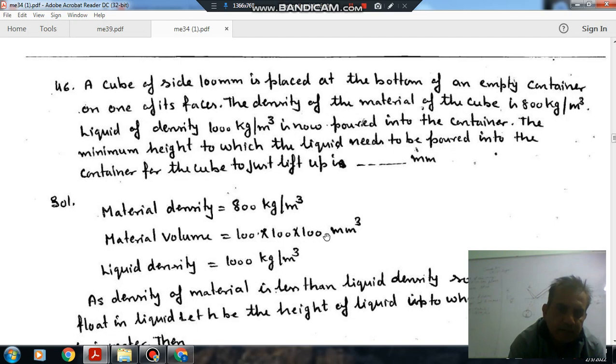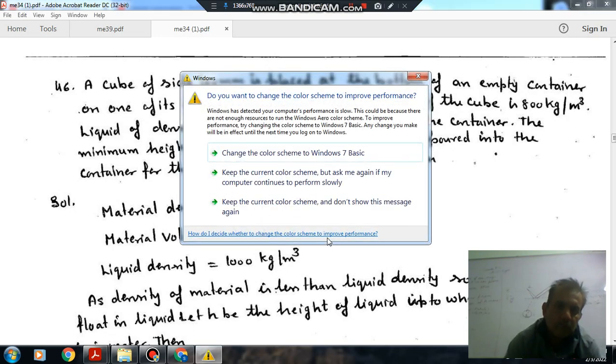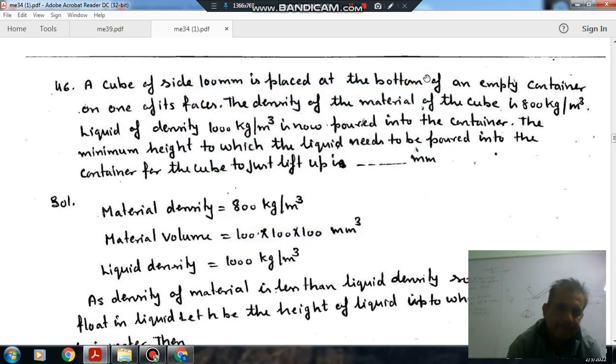The minimum height to which the liquid needs to be poured into the container for the cube to just lift up is dash mm.